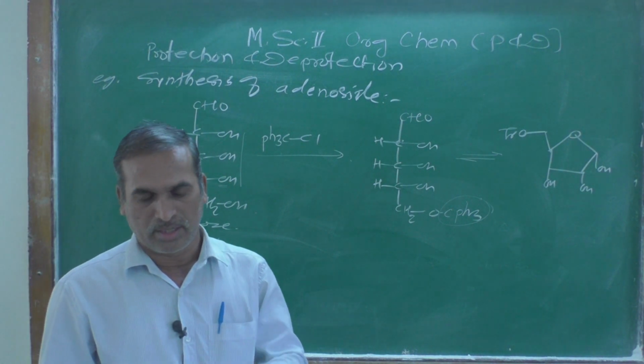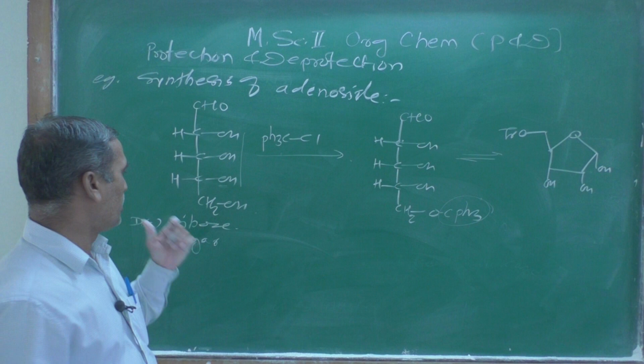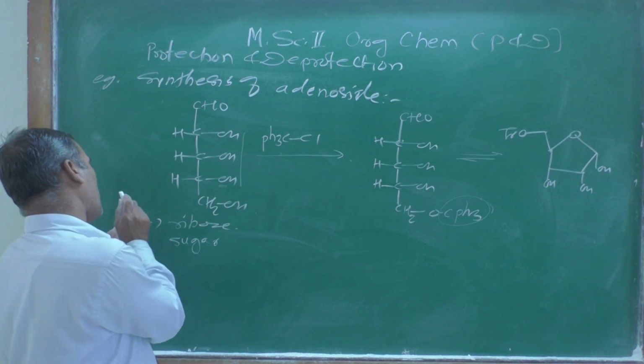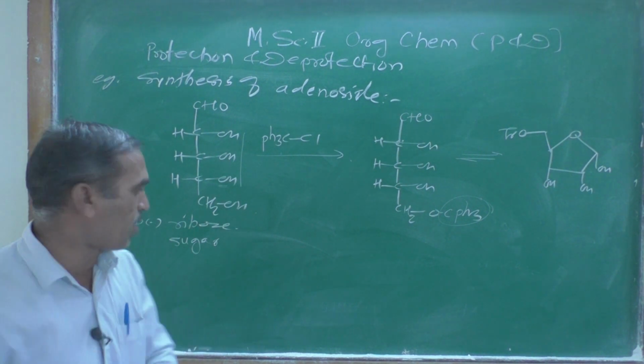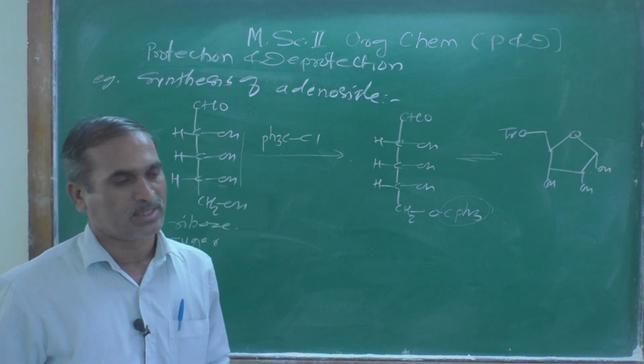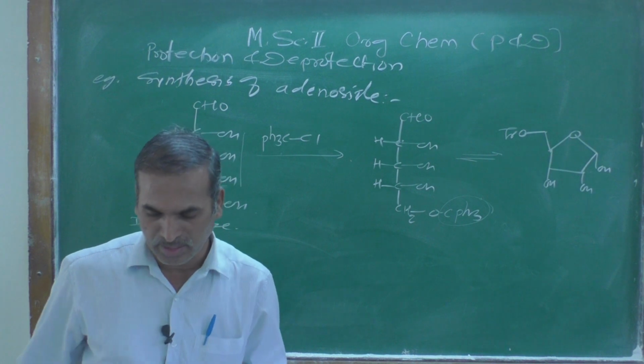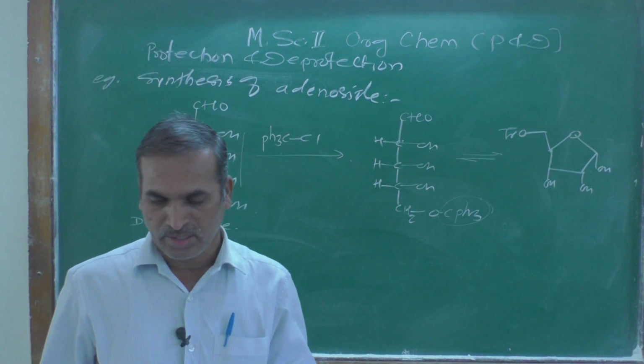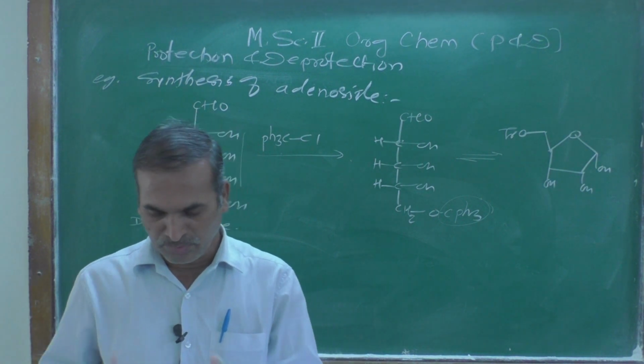So don't mix these two terms: capital D and capital L are relative configurations, whereas minus or plus are experimental quantities. They don't have a relation with each other.